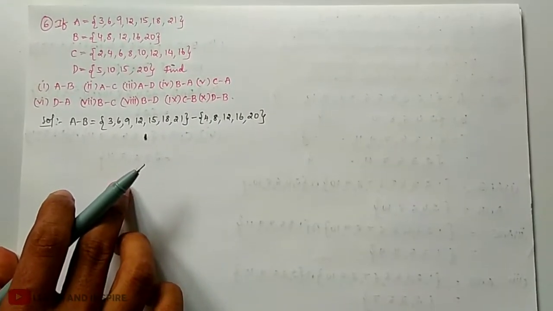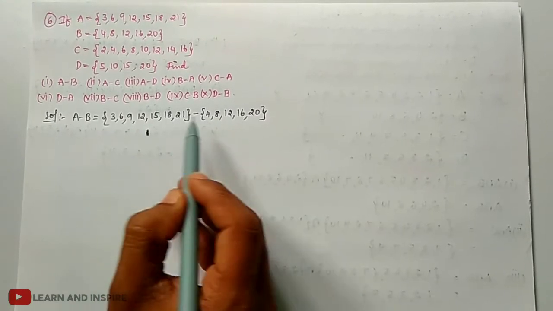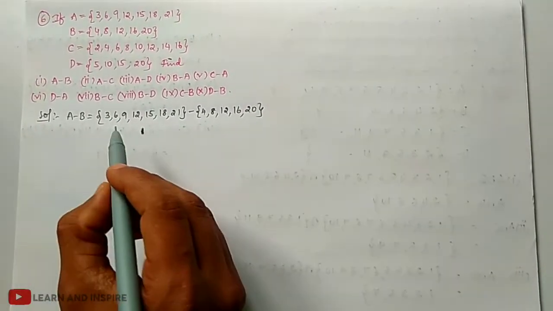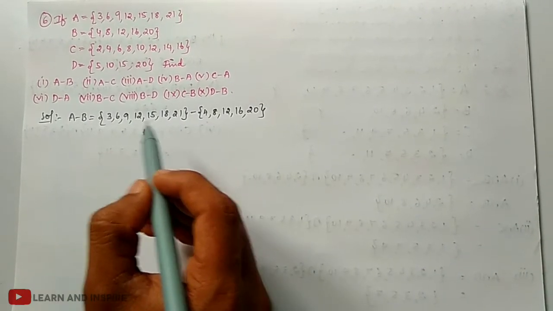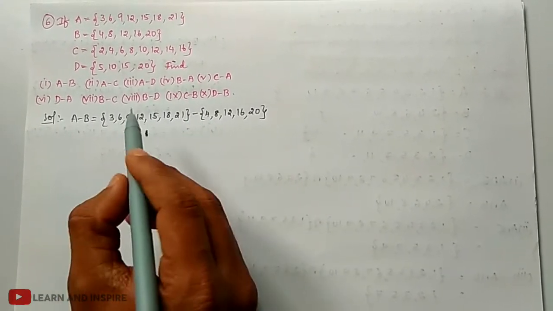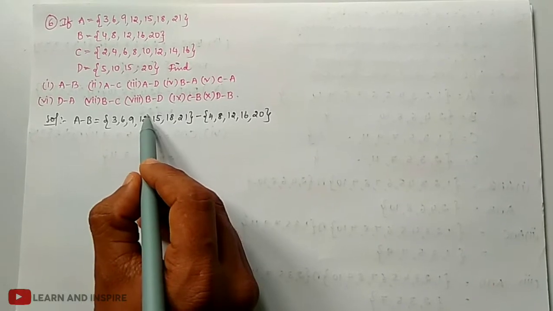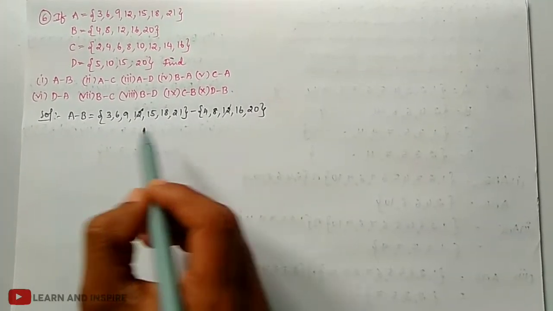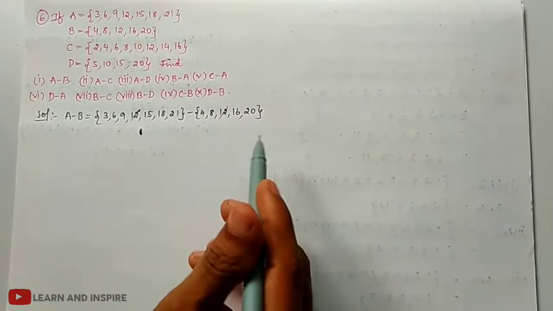To find A minus B, from the given two sets, first we cancel the common elements. So what are the common elements? 12 and 12. So only one element we can delete from the two sets.